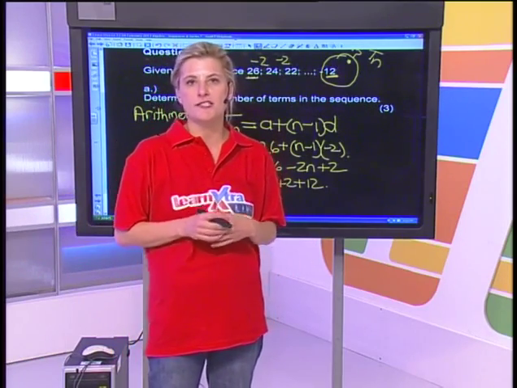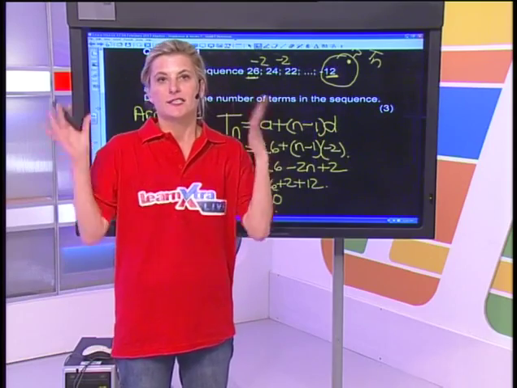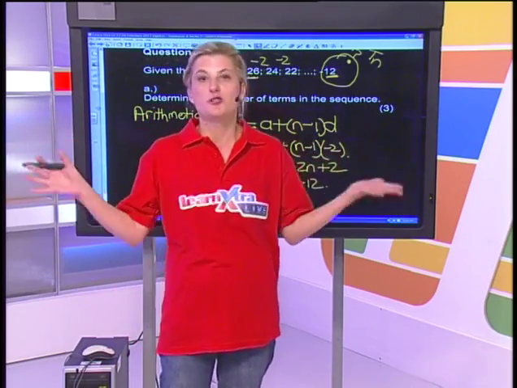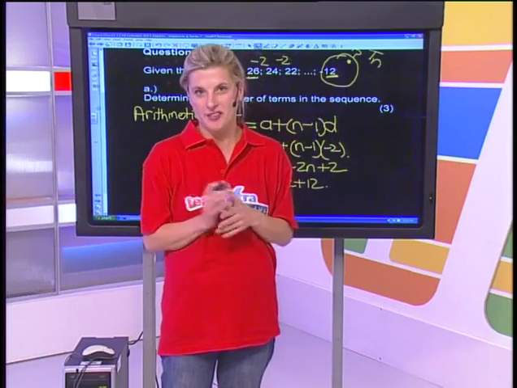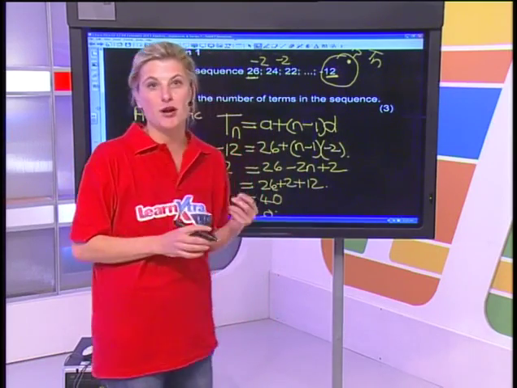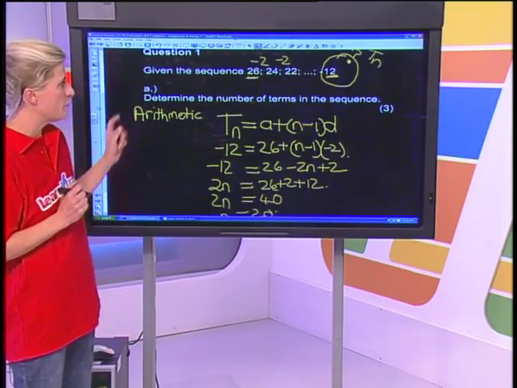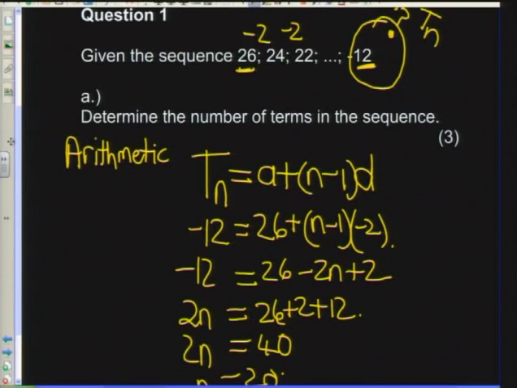I also can't say, oh, I'm so excited, the Bafana were minus 2th in the AFCON Cup, or 2.5th in the AFCON Cup. So it has to be a positive whole number. Right, so pretty straightforward. Whenever they ask us the question, which term or how many terms are there in the sequence, we will substitute our unknown term in the place of Tn, and we will be solving for n.